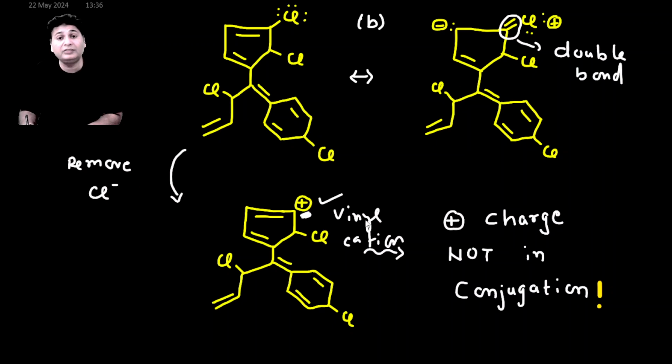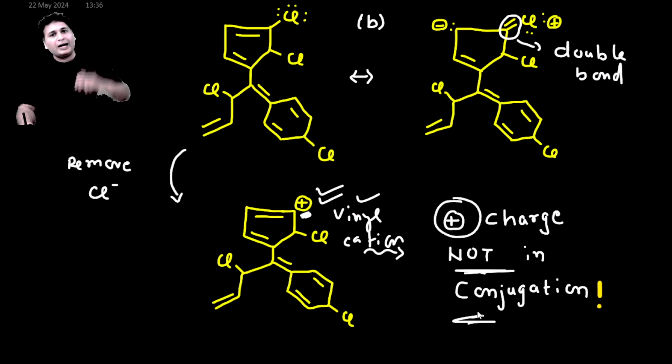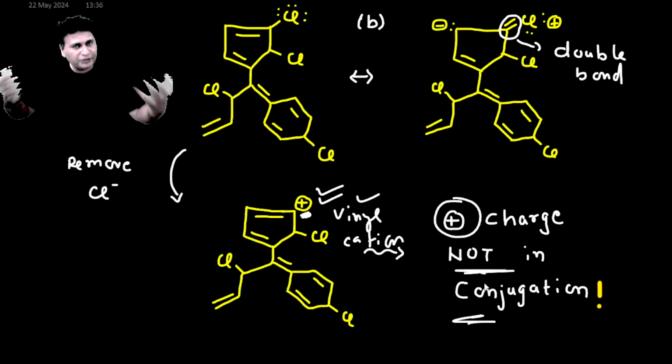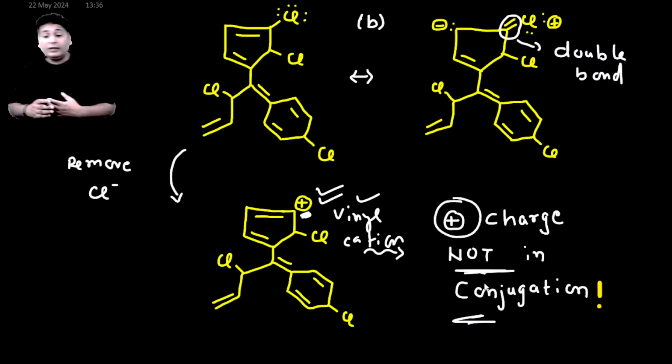This is unstable. You know why? Because the plus charge which has been developed on this carbon is not in conjugation. Earlier you saw the plus charge could move from one place to another through resonance, and it was a good thing. The dispersal of charge, the spreading of charge, that was a good thing. But here the plus charge is not in conjugation.